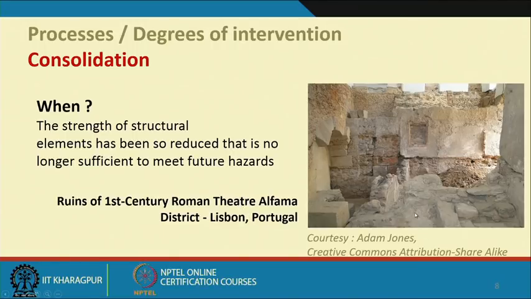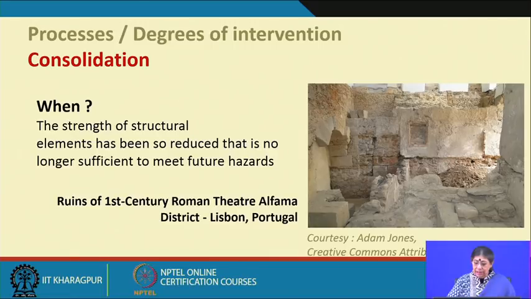Naturally these walls exist, and nobody is talking about reconstruction in this case; they will be kept as they are because they are the historic evidence. Now, it may be possible that some of these walls have lost their original strength, the inner strength, and in such cases this approach of consolidation is suggested.